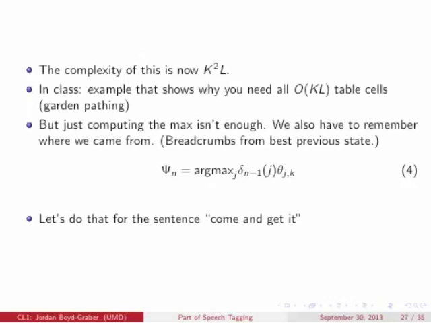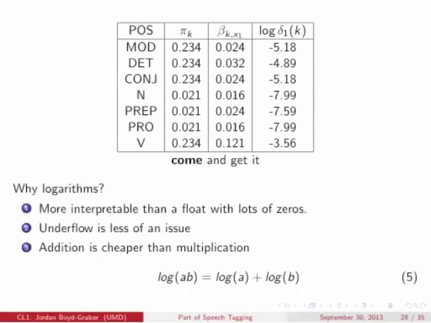Now let's look at an example of figuring out the optimal part of speech sequence for the sentence "come and get it," given the hidden Markov model that we estimated before. Let's start with the base case. We want to figure out what is the best sequence that could get us to each of our part of speech tags at time 1.